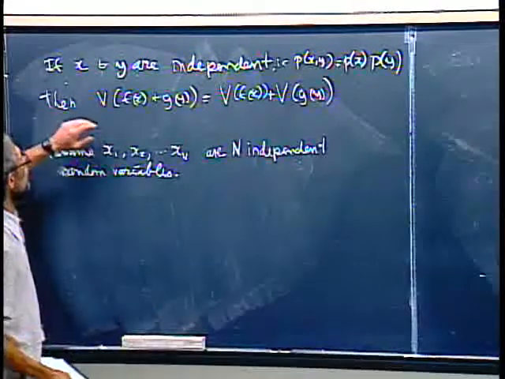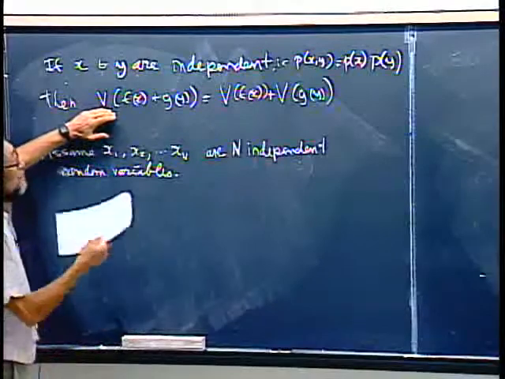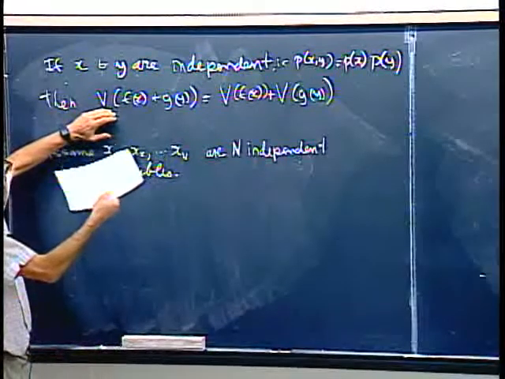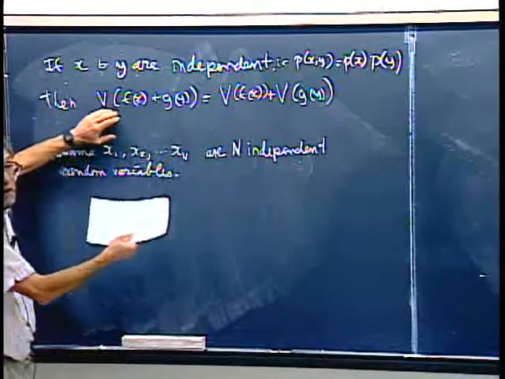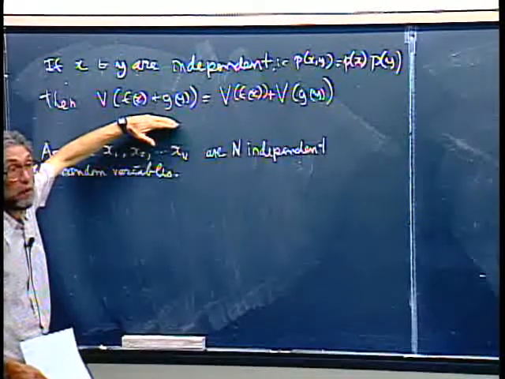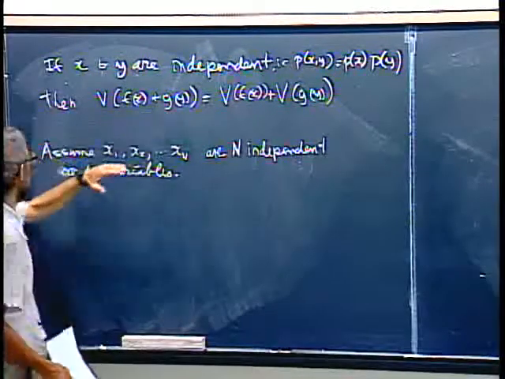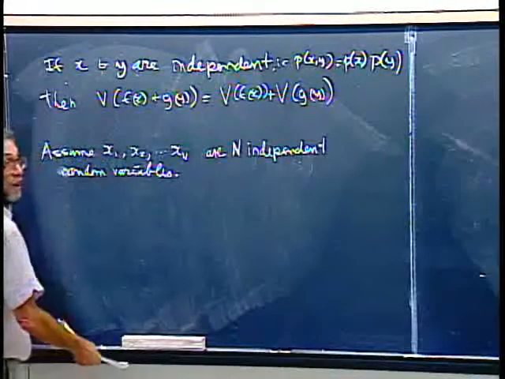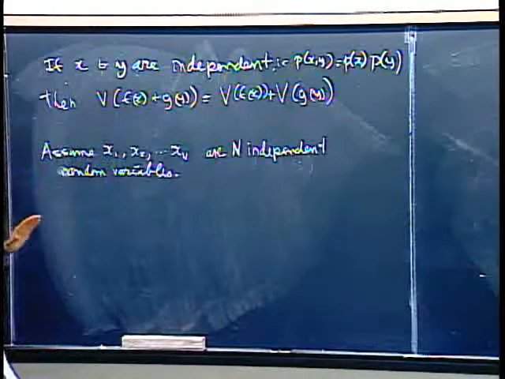And I should mention that once you have two, you can prove more by induction. Either variances when they're pairwise independent, or sums, whether or not they're independent, just by mathematical induction.